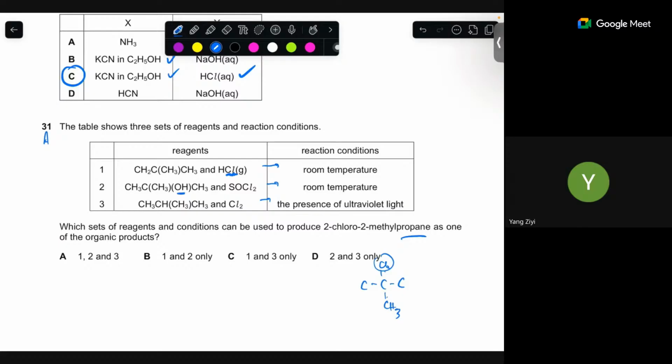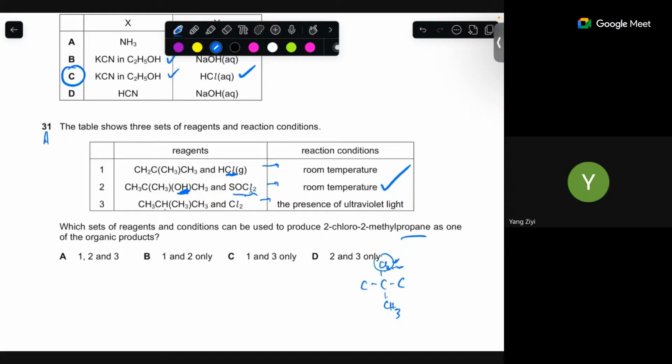Here, if you are using SOCl2, then Cl can replace over here, the OH can change into Cl, so this one is definitely correct.